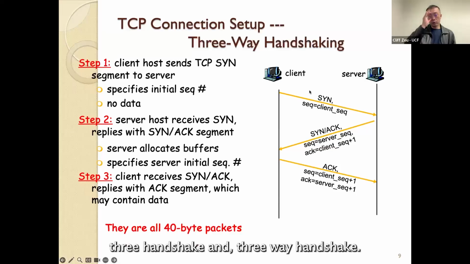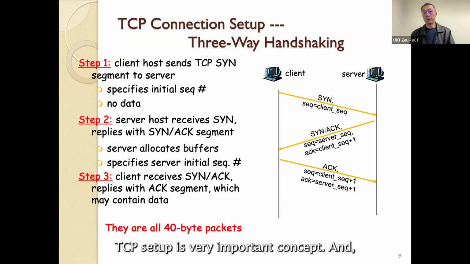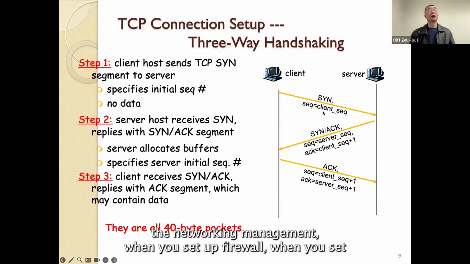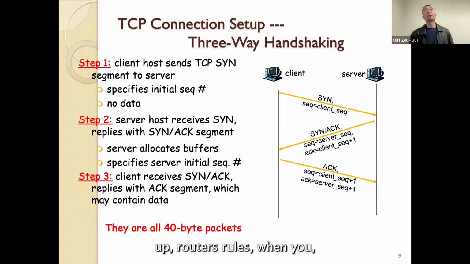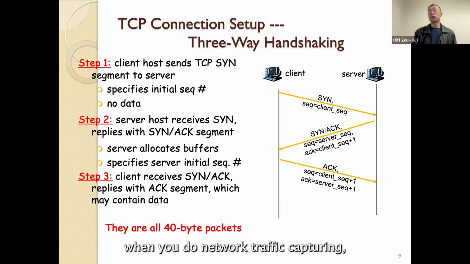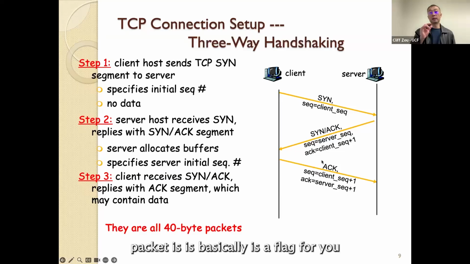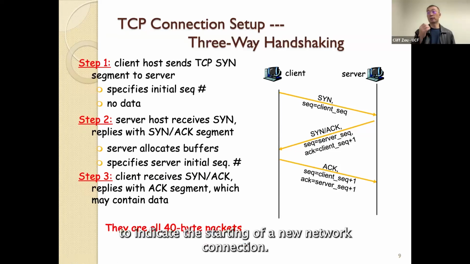As I said, this is a three-way handshake, and the TCP three-way handshake setup is a very important concept, because for all the networking management, when you set up firewall, when you set up router rules, when you do network traffic capturing, the TCP connection setup packet is basically a flag for you to indicate the starting of a new network connection.